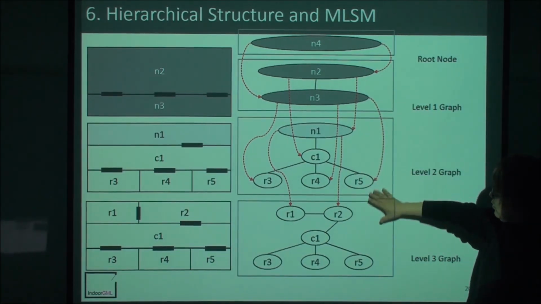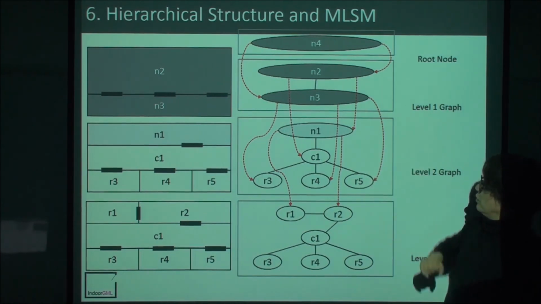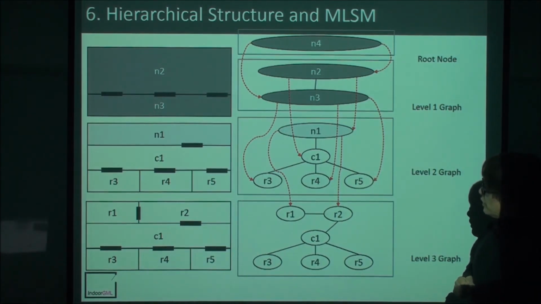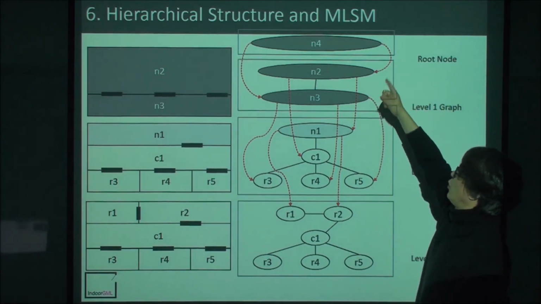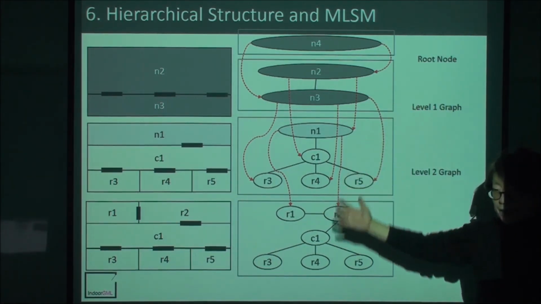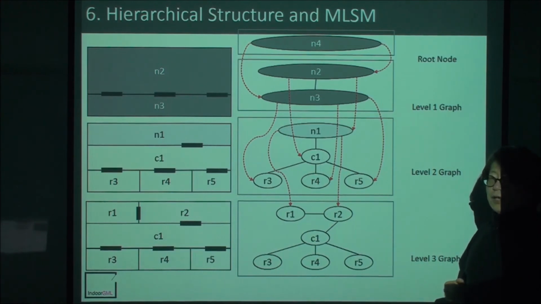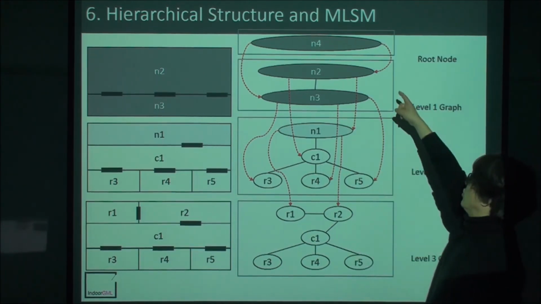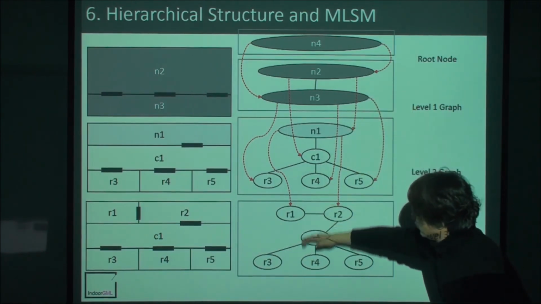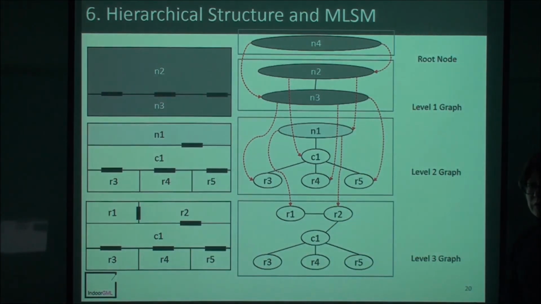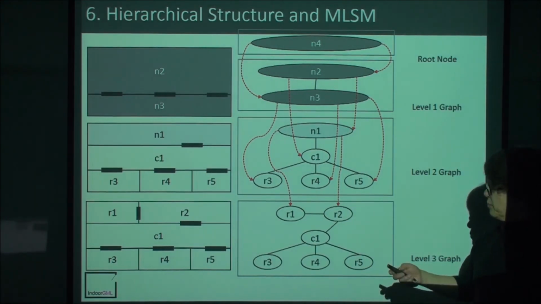Between the layers we can make an interlayer connection. Finally, at the top we have one single node which includes the entire indoor space. This is a root node, and from the root node we can make a hierarchical structure using a multi-layered space model. This is one very interesting application of a multi-layered space model.